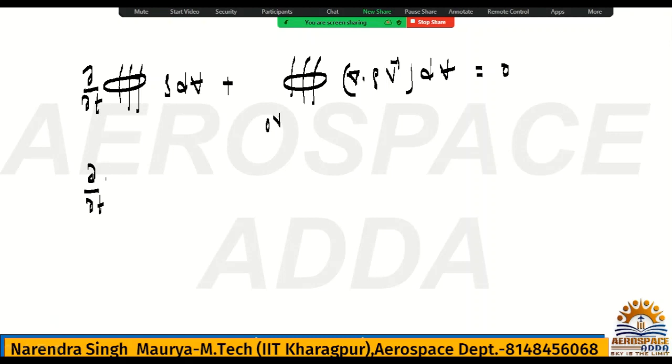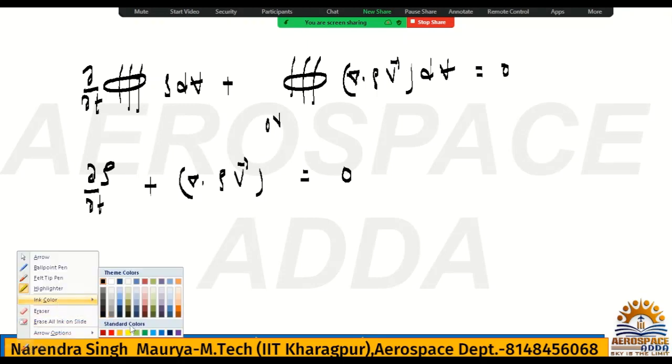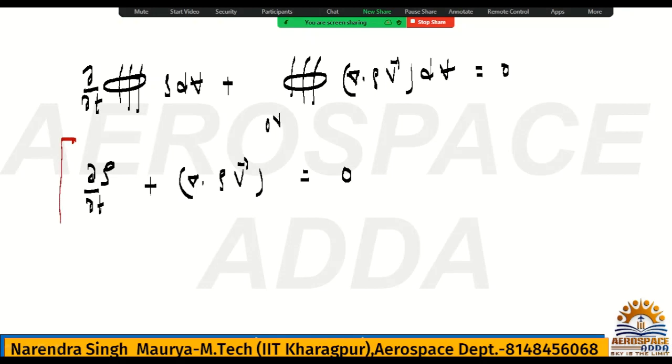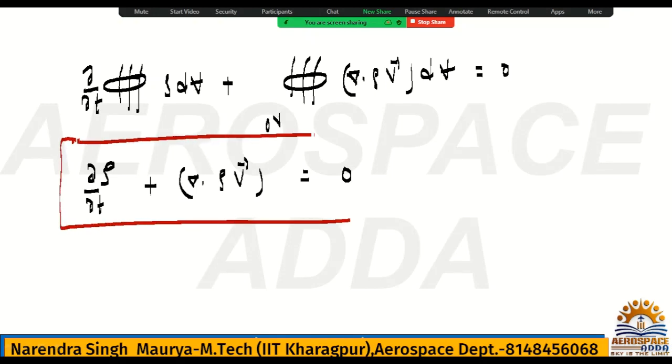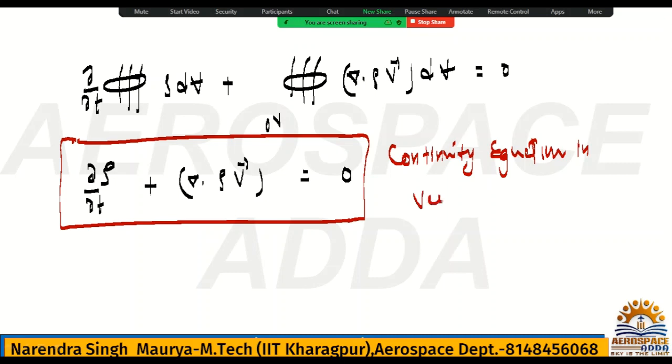So you will have dou rho by dou t plus, with the triple integration gone, grad dot rho v, and that dV is also gone. Put this in one box. This is the continuity equation in vector form.